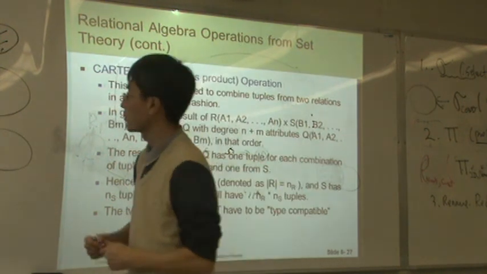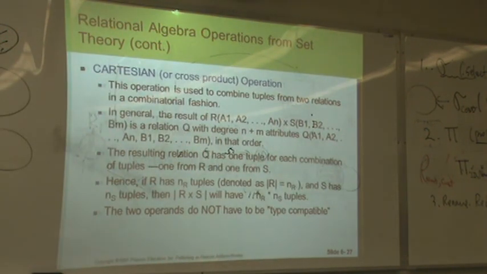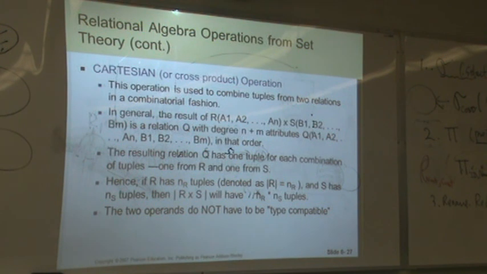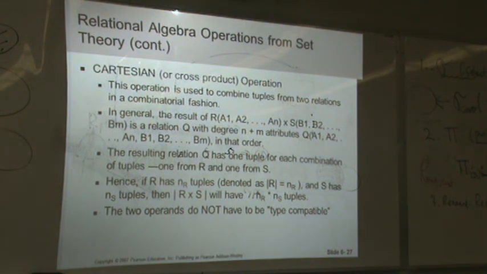Which means we have the relation R1 with A, B columns, and R2 with C, D columns. So let's say A, B, C, D, 1, 2, 3, 4.